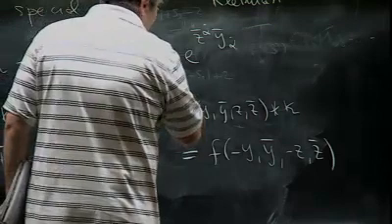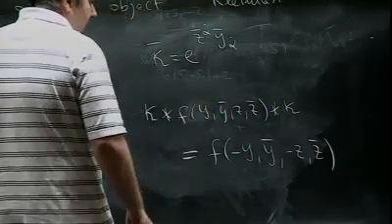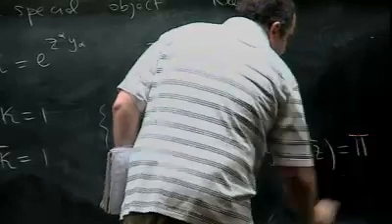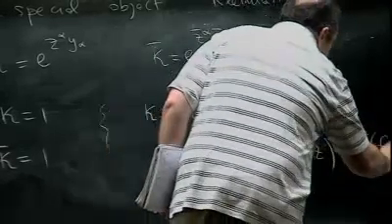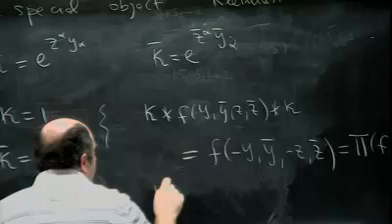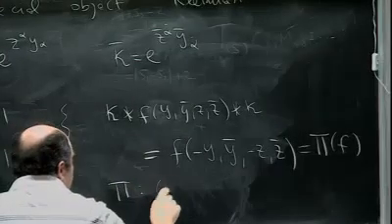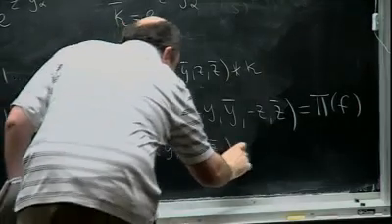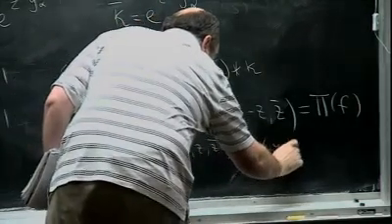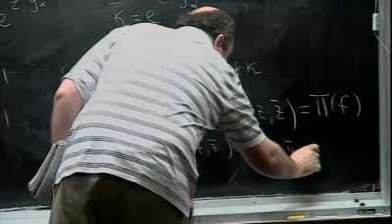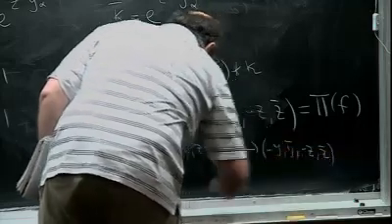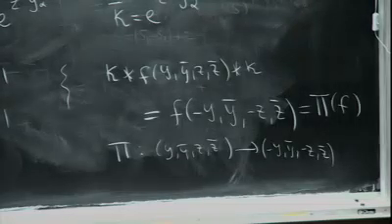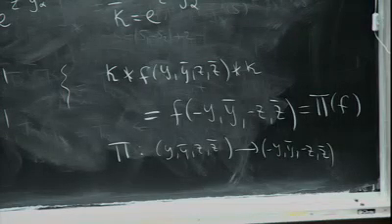And this operation of switching the sign has a conventional name, pi of f. So pi takes y bar, z and z bar, and just flips the sign. I'll see in a second where this shows up.